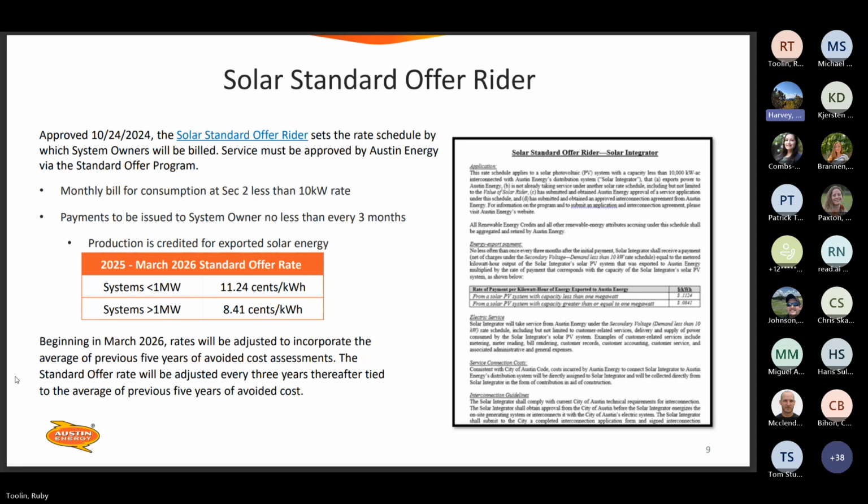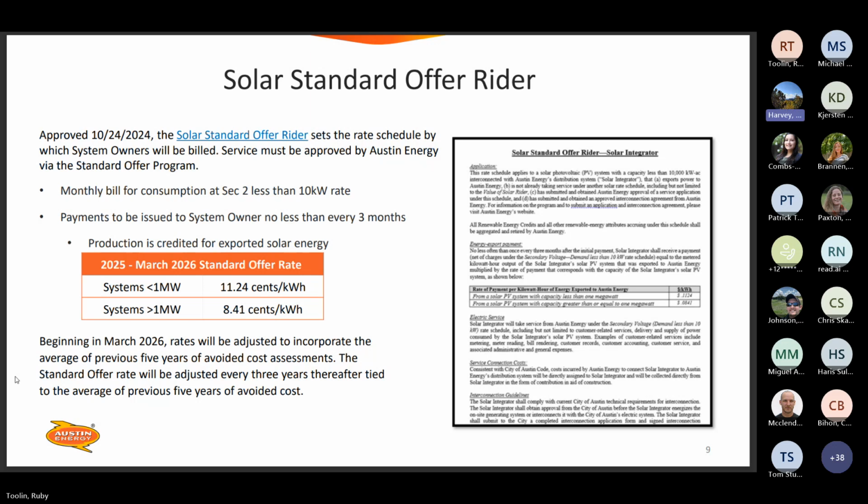And for systems over a megawatt, because Austin Energy cannot leverage transmission benefits from those systems, there's a reduced rate. And so the production from systems over a megawatt would be credited at 8.41 cents per kilowatt hour.